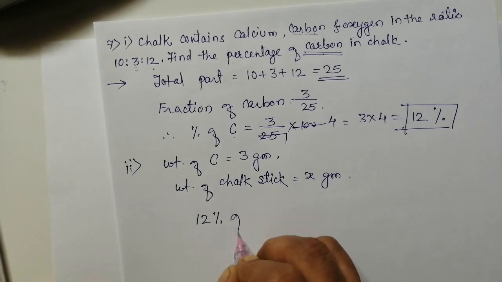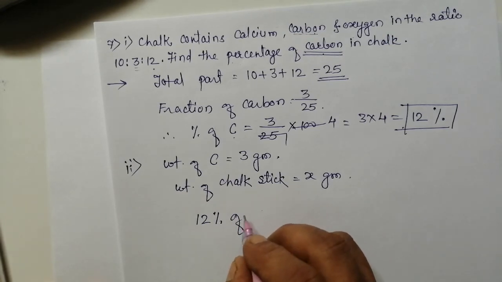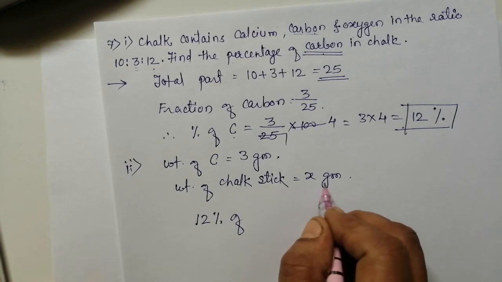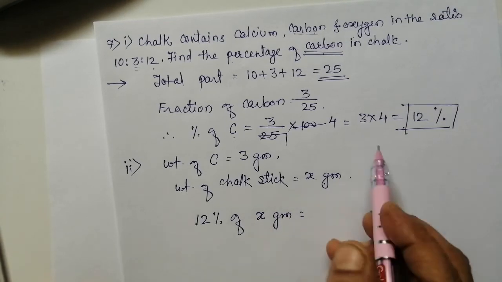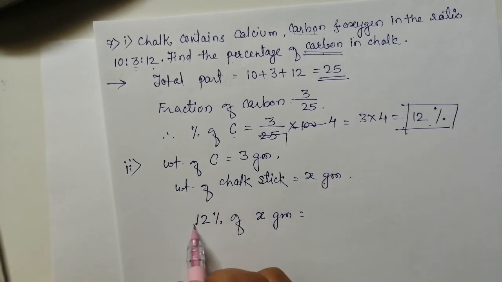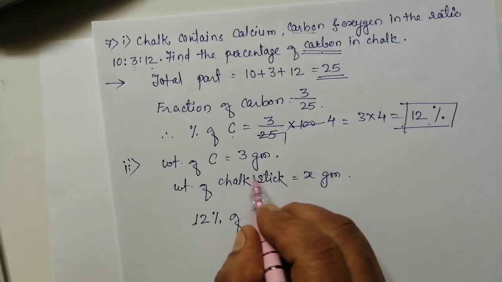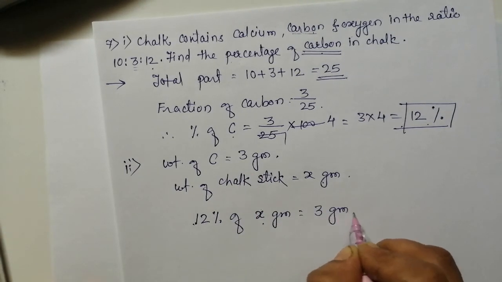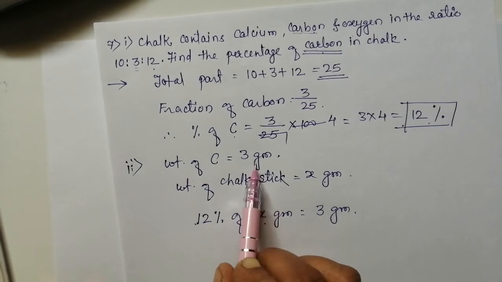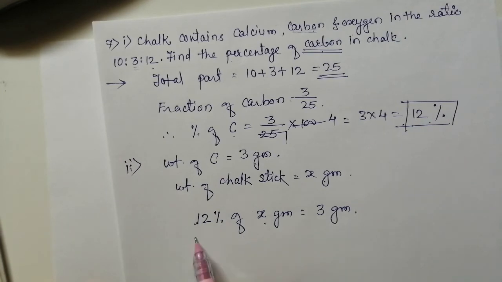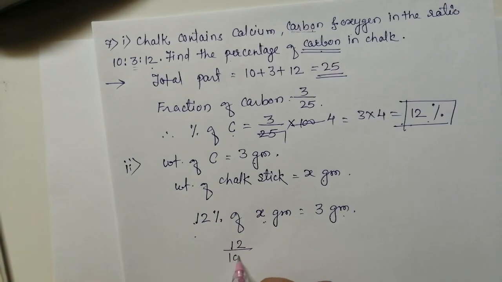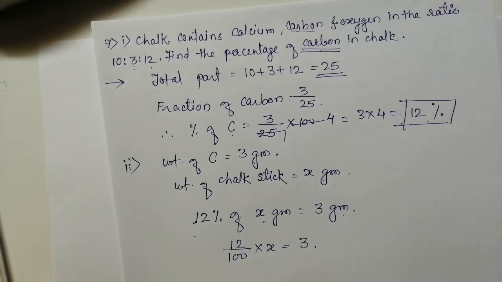So here we can say that 12% of carbon in x gram. X gram stick, and the percentage you got is 12, so 12% of x gram is equal to 3. Understood? Because 3 gram of carbon is contained in one chalk stick given, and the percentage we already got is 12%. So 12% of x is equal to 3. 12% means 12 divided by 100 multiplied by x is equal to 3.